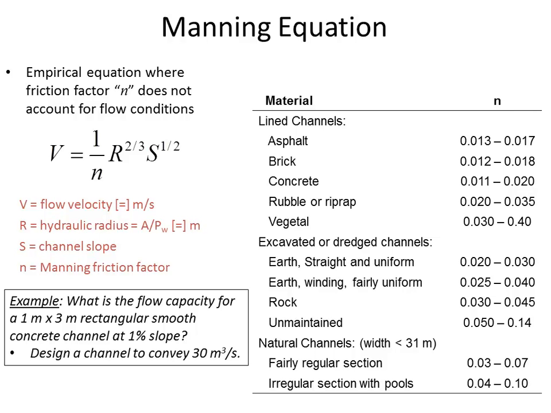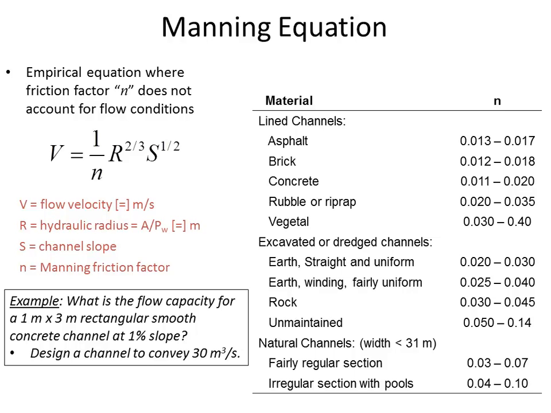And since you have any number of combinations that can convey a certain flow rate, what would you do if it's 30 cubic meters per second? So pick any combination of depth and width that will give you 30 cubic meters per second.